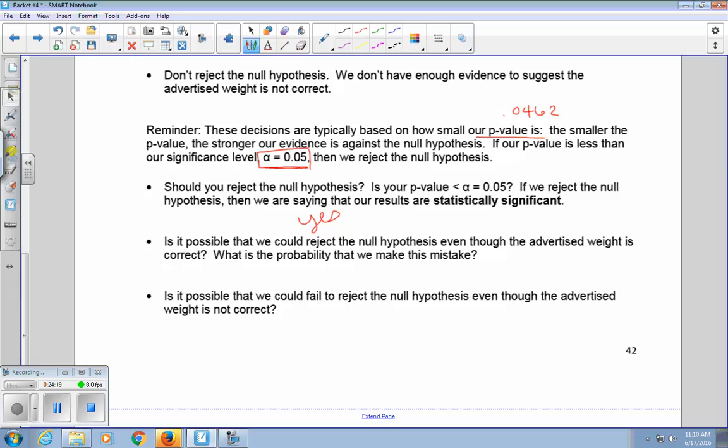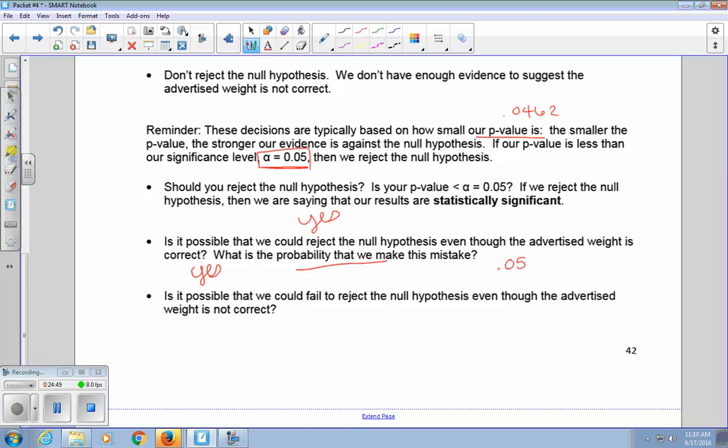Is it possible that we could reject the null hypothesis even though the advertised weight is correct? And what is the probability of making this mistake? So this is one type of error that could happen with a hypothesis test. So yes, it is possible that we would reject the null hypothesis even though it is actually correct. And the probability that we make this mistake is our significance level.